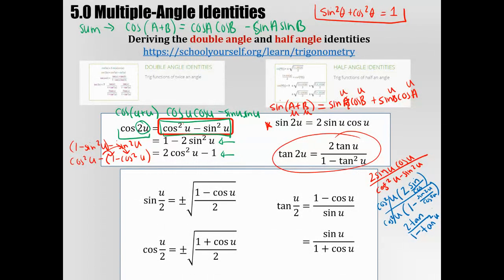So we also have the half angle identities. And what this is getting at, similar to when we were talking about the sum and difference, is if you're trying to figure out the sine, cosine, or tangent of a specific angle that is not a special angle, you can use the double angle one, or you can use the half angle.